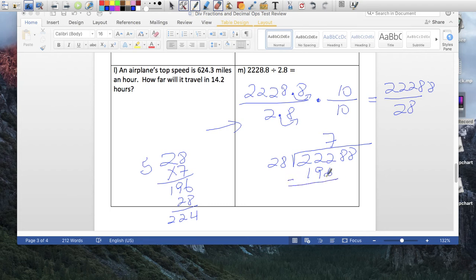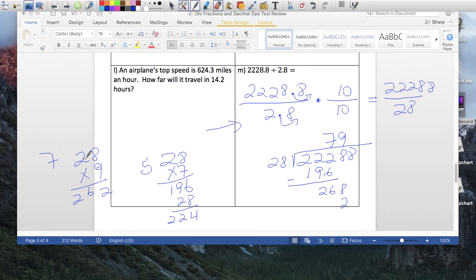We're going to subtract, and we're going to have 26 left over. Bring the 8 down, and that's going to be maybe 8 times. Can it be 9 times? Let's try 9. 9 times 8 is 72, carry 7, 18 plus 7 is 25, so 252. Yep, 9 times works.